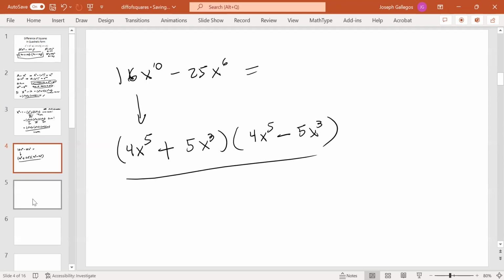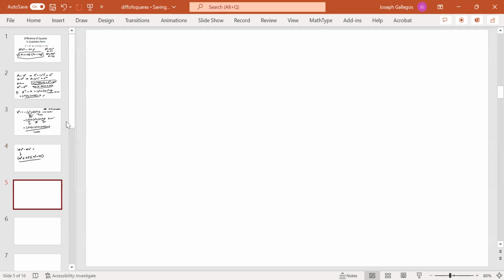Let's do one more. Let's think about having something like this. This is a little more complicated. Maybe you have something like parentheses 7x plus 3 squared minus parentheses 3x minus 5 squared, like that. And so one way of doing this problem would be to square each term out, and then take the difference and see what happens, right?